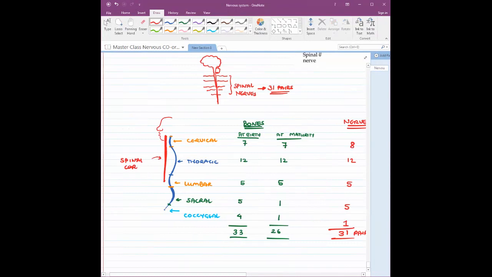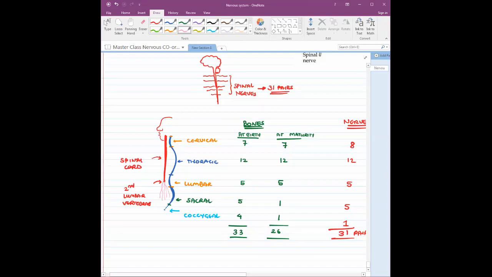The spinal cord is going to end over here, at the second lumbar vertebra, and after that you're just going to see some nerves.